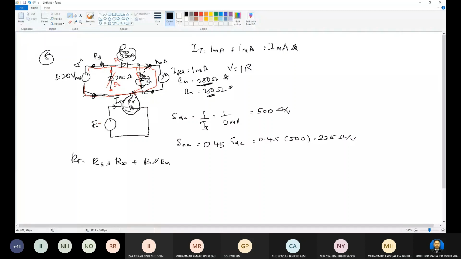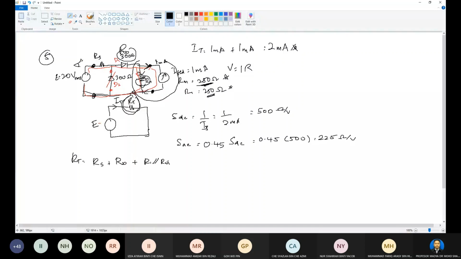So you can see from this one. RS plus, because of the series, RD, and then plus the parallel of R1 and RM. So first we have to calculate R1 parallel with RM.